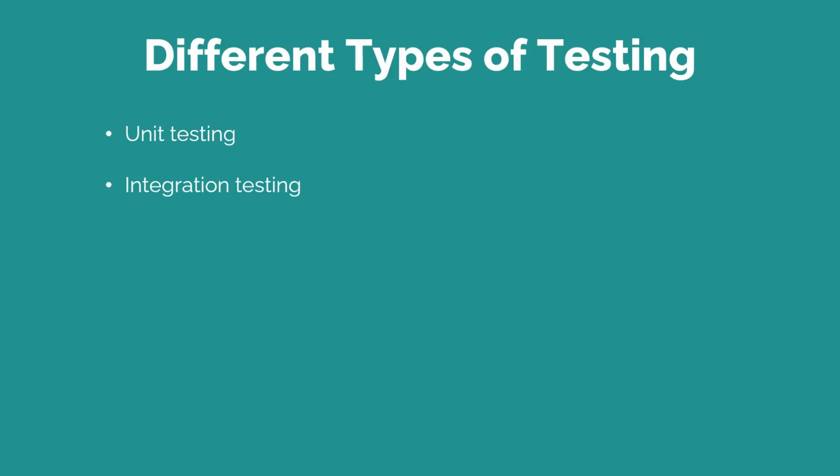Assume a crawler app that has two modules. One module crawls and fetches the data, and one module processes the data. So an integration test is about whether these two modules work together correctly or not.